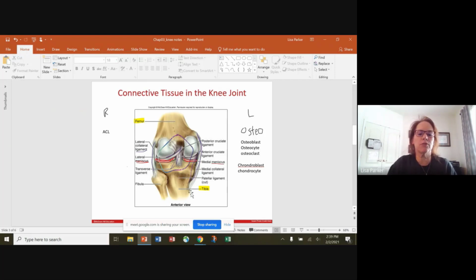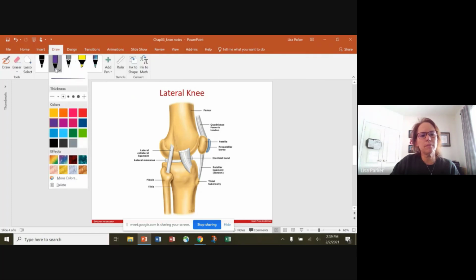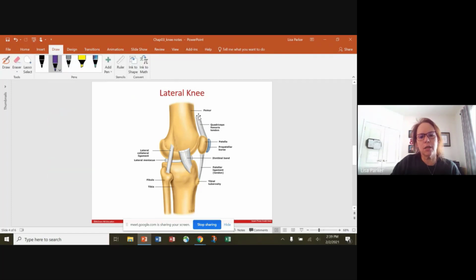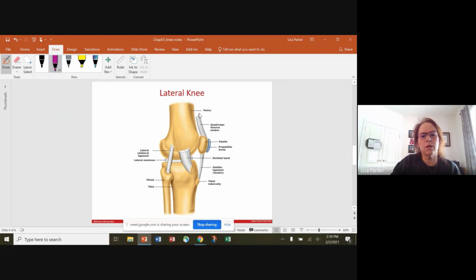So I don't have a good picture of a tendon here, but you can kind of see it here. If you imagine the quadriceps tendon here, you imagine it goes all the way up. If I continue this drawing up here, this would be the tendon.